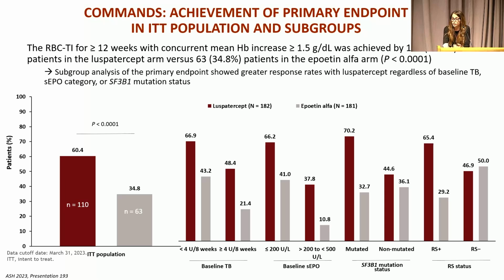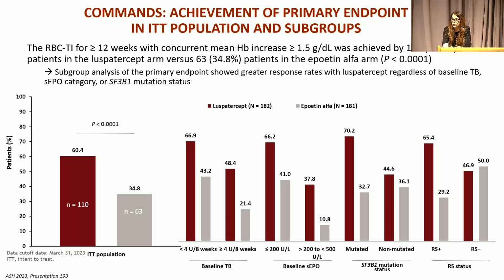The response rate for this kind of patient with epoetin alpha is around 20%. And when evaluating the endogenous EPO, again, luspatercept is more active than epoetin alpha when endogenous EPO was between 200 and 500.